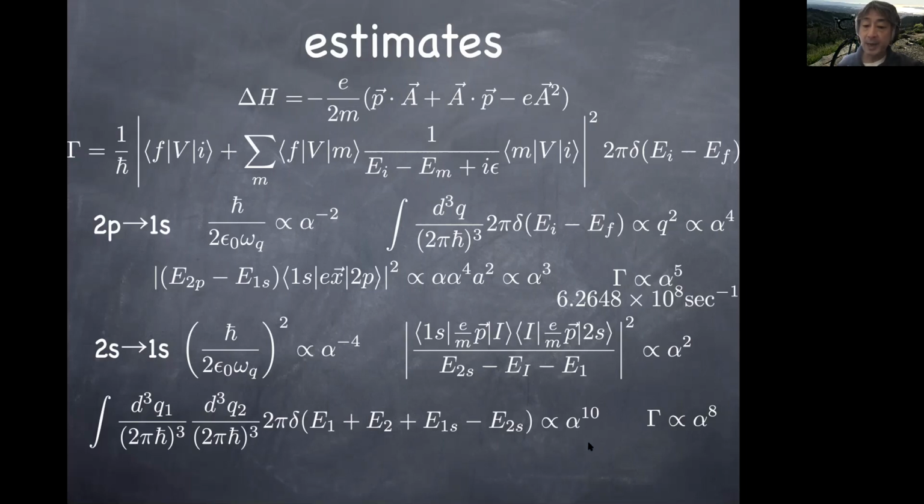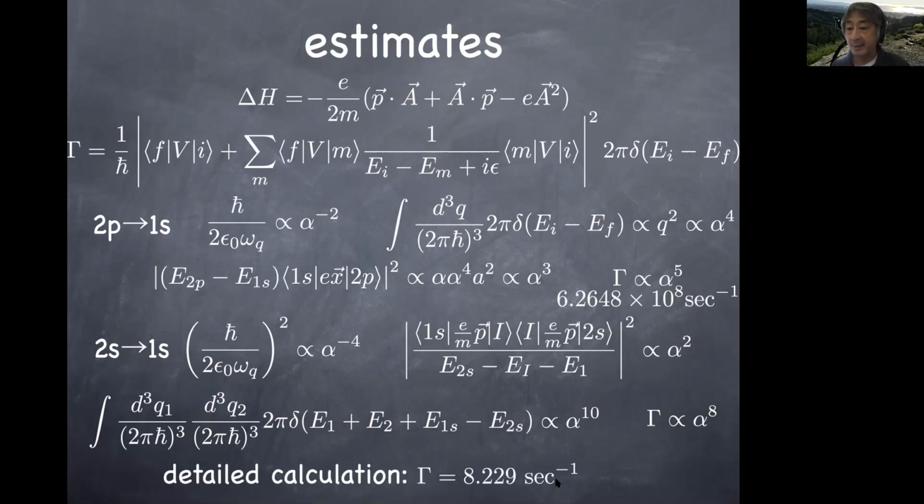And I'm not doing the calculation in full, but if you actually go ahead and do the full calculation, summing up all the intermediate states, then you find a decay rate of the order of 10 per second, as opposed to a billion per second. So this is a big, big difference, right? That is due to this factor of alpha cubed that suppresses the decay rate of the 2s state to the 1s state. So we say the 2s state is metastable.